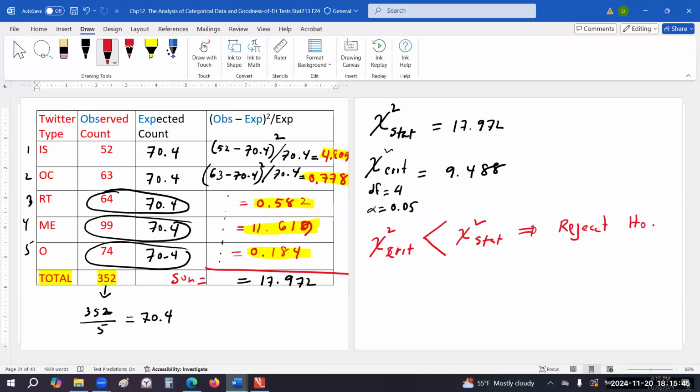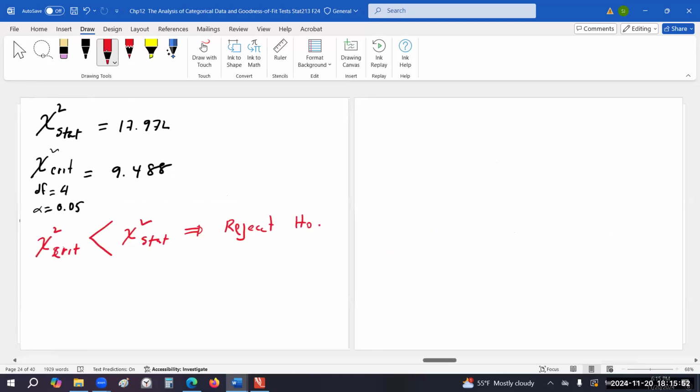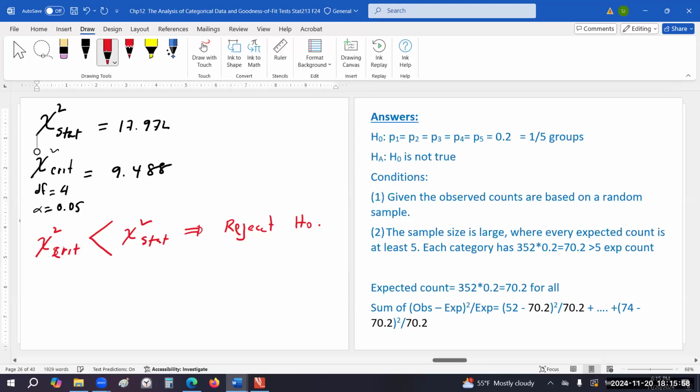The null hypothesis says they all are equal. We are rejecting that idea. So the conclusion we make is they're not equal. We have enough convincing evidence. So all of these numbers are wrong, let me try to fix them.